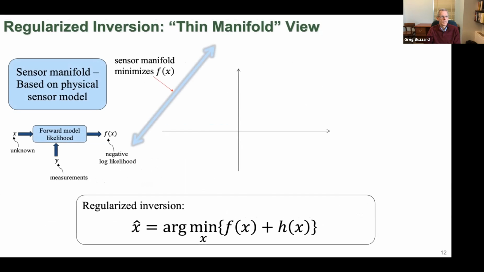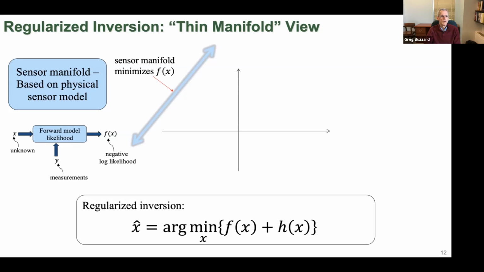We can think about this a little bit more geometrically. So in the case when we have linear measurements for our sensor information, then the minimizer is on some lower dimensional affine subspace. This is especially true if we don't have enough measurements to fully constrain the reconstruction, which is typically the case. A lot of times the measurements are expensive. We don't want to necessarily take a full set of measurements to uniquely specify the inverse, or even if we do have a full set of measurements, the problem might be ill-conditioned.